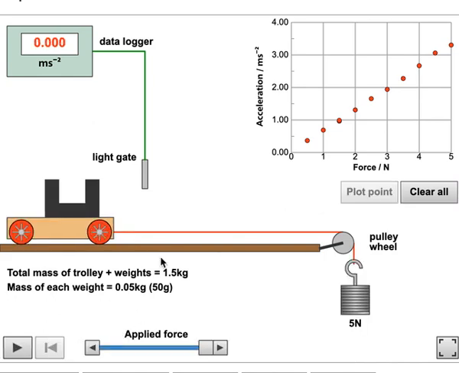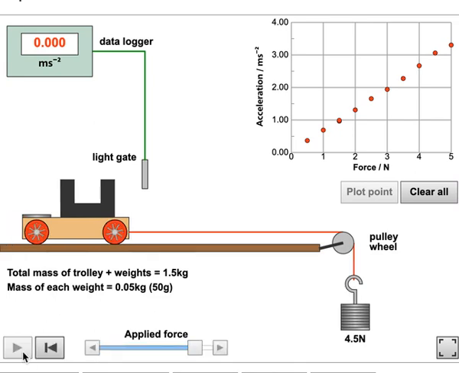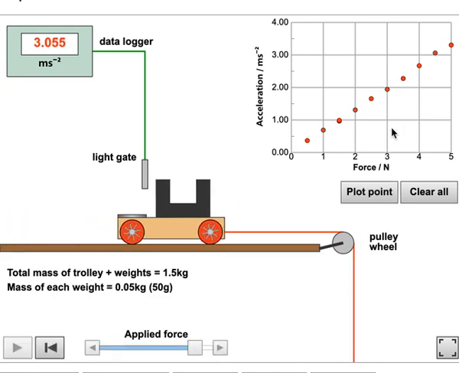So you could see maybe for this one, 4.5, it looks a bit different. You would do that again for different forces, repeat those forces over again, and then you would be able to average your results in your table and then draw the graph from the averages.